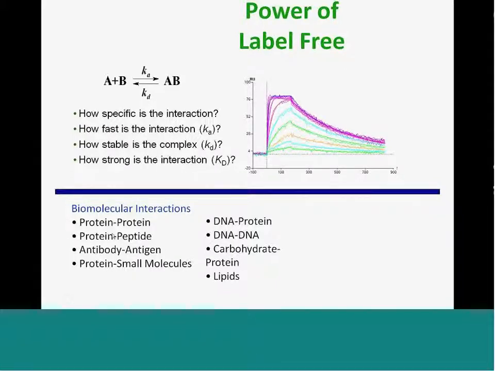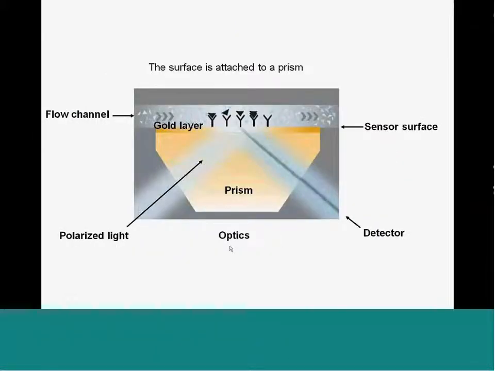For us, the type of interaction that we're looking at is a protein-protein interaction, and actually our Ubiquitin-Binding domain is a peptide. So we've been able to make a peptide of our Ubiquitin-Binding domain and then flow Ubiquitin. It's worked really well for us. We've tried different approaches. And again, this is just a quick overview of the optics.